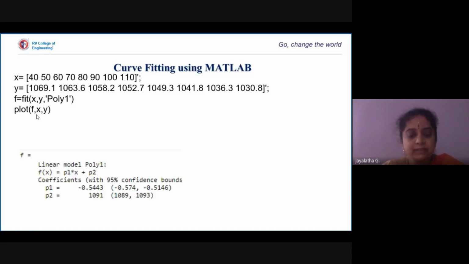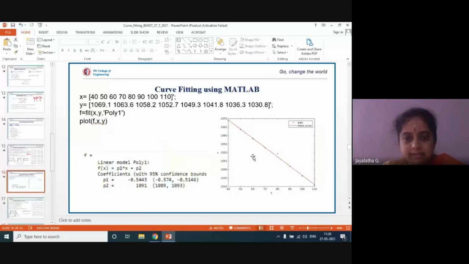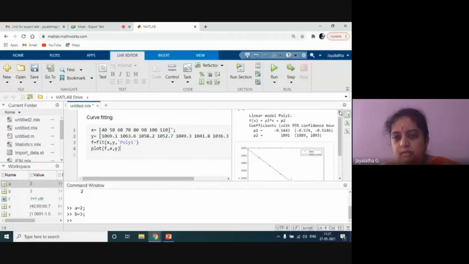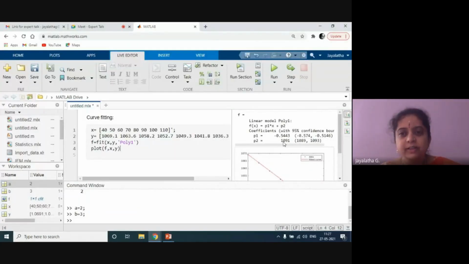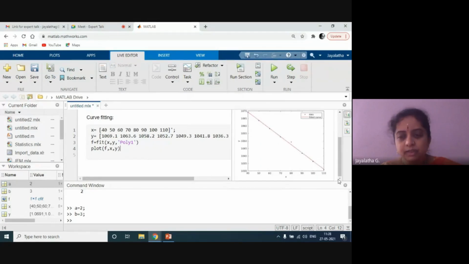So I have this as the output. Okay, this is the graph you are going to get. Got the output? It has given the A and B values. Can you just see? So in the form Ax plus B, A is minus 0.5443, x plus 1091. And this is the curve.